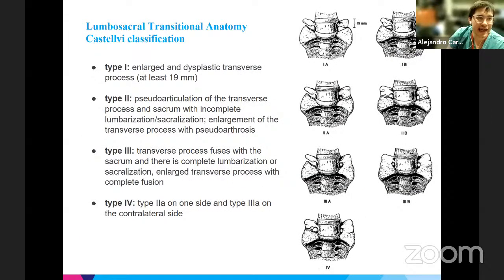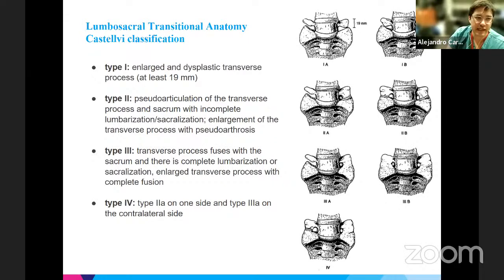There is a Castelvi classification, which classifies them primarily into three types, where types A are unilateral, types B are bilateral. Type 1A is just an enlargement of the transverse process of at least 19 millimeters.